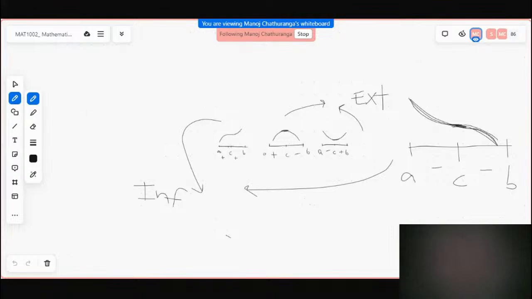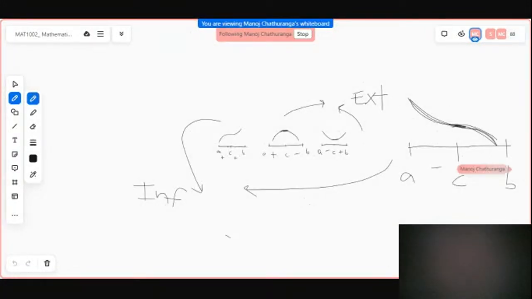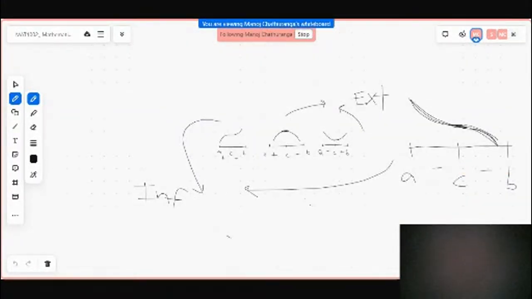So whenever you have a critical point, you look at what happened before the critical point. That means you look at the sign of the derivative before the critical point, and also the sign of the derivative after the critical point. Numerical values are not that important, just the sign, whether it is plus or minus.